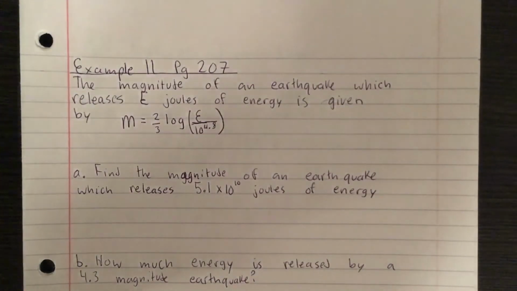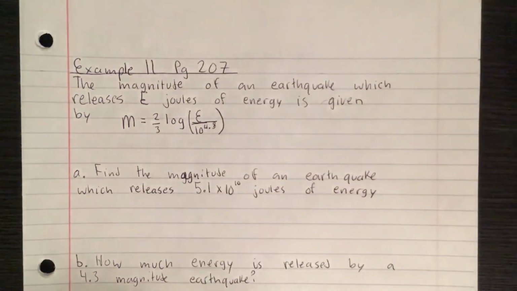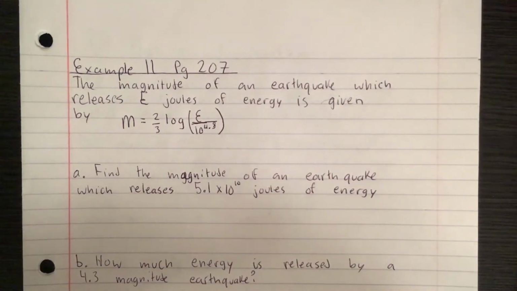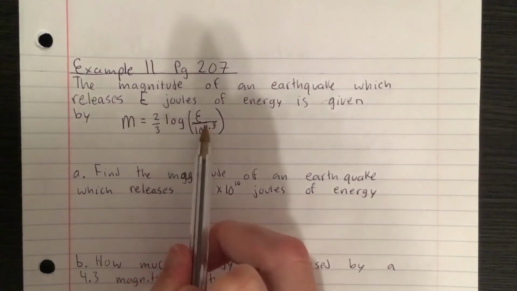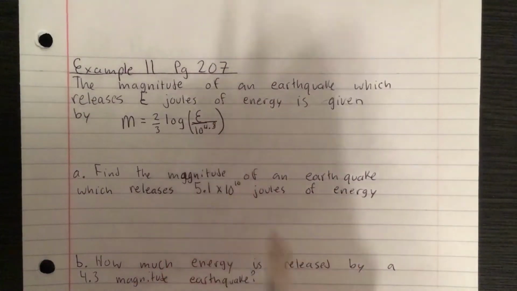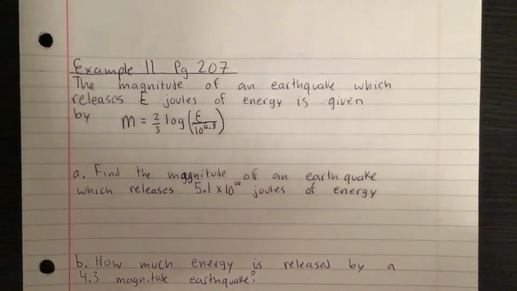So this is on page 207. The magnitude of an earthquake, which releases E joules of energy, is given by the magnitude M equals 2/3 times the log of E divided by 10 to the 4.8.